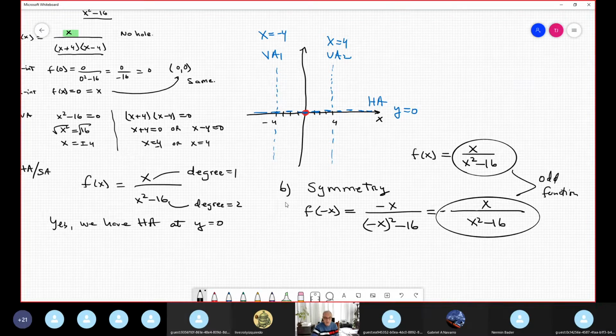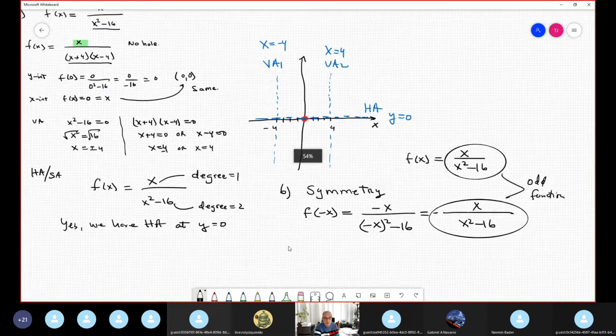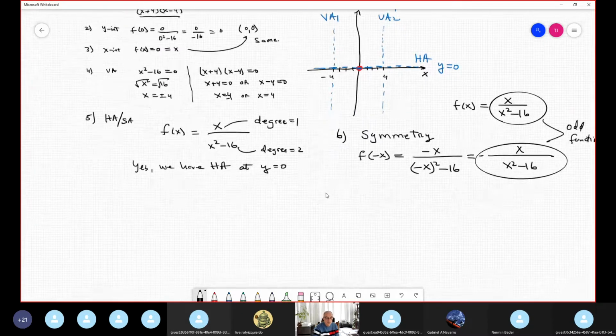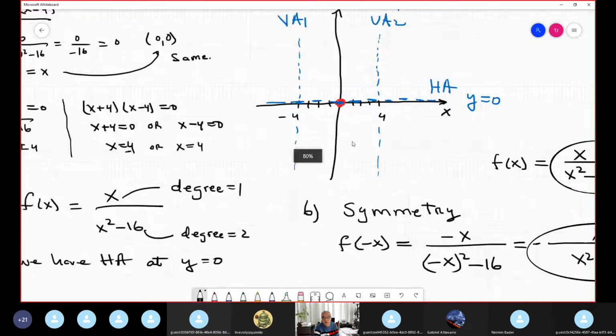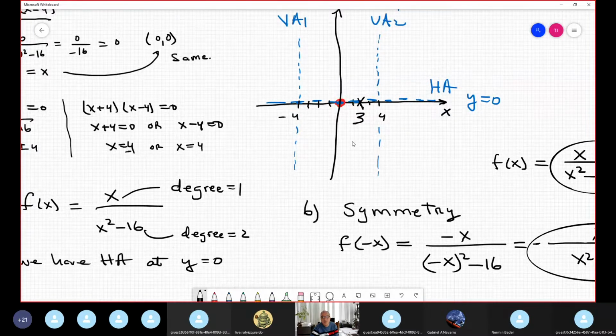And we take advantage of this, because in the specific points you evaluate, the seventh step, is additional points. For example, I take 3, and because it's between 0 and 4, I take 5.